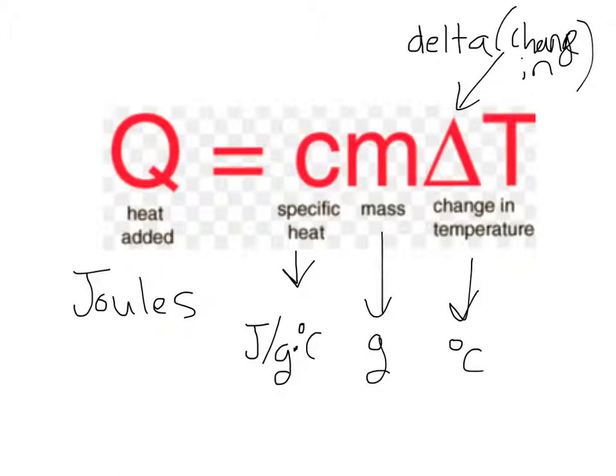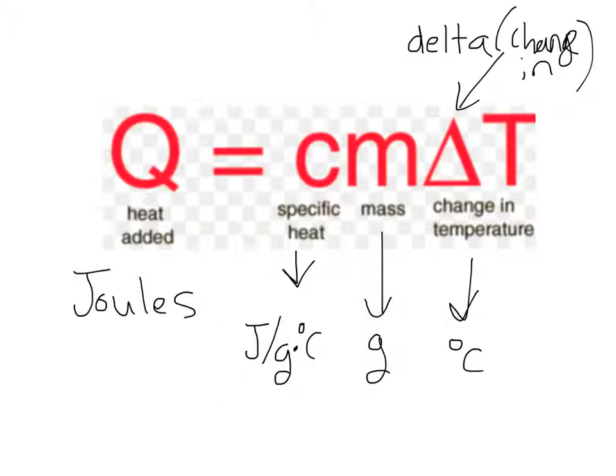Okay, so in your experiment, you are first going to use the equation just like this. So you have to find Q. But you need to know Q of what? Well, you're trying to find the amount of heat energy absorbed by the water when the metal went into it.